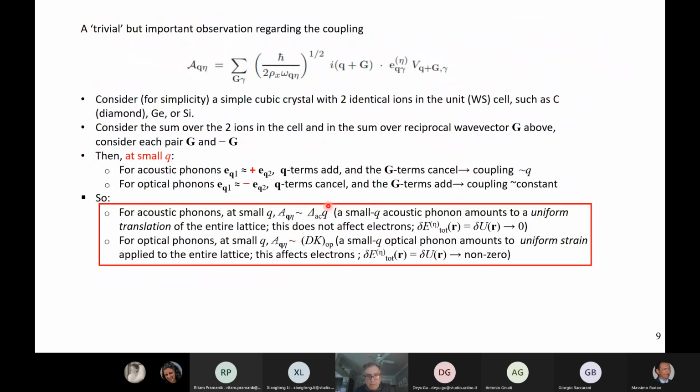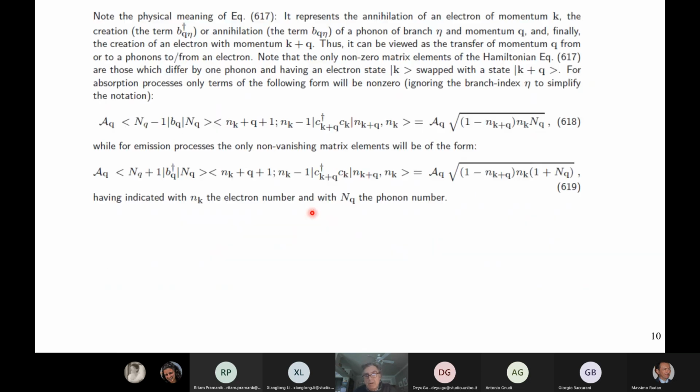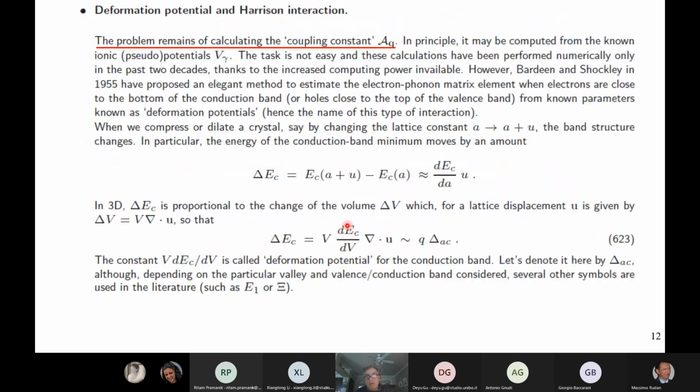In conclusion, for acoustic phonons, the strength of this coupling function, whatever it is, will be proportional to Q, with a proportionality constant which must have units of energy. So the idea is that this can be written this way, where this deformation potential, unfortunately the term applies both to this as well as to the product of the deformation potential times the Q vector.